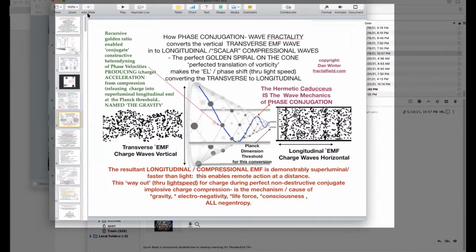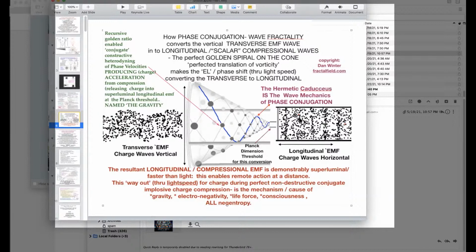And at that threshold point, the inertia that arrived from the left in a transverse up and down wave goes down that perfected caduceus, golden ratio vortex, and the inertia is translated from up and down motion on the left to compressional wave called longitudinal or scalar on the right, where the direction of the wave compression is parallel to the direction of propagation, unlike the transverse, where the wave goes up and down perpendicular to the direction of propagation, which makes the wave more penetrating.